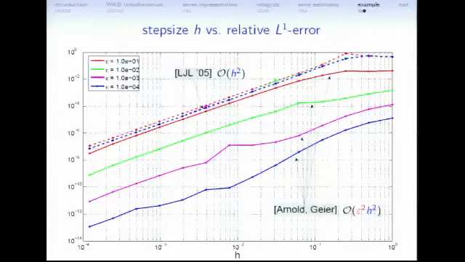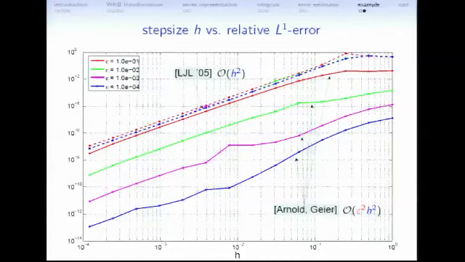The solid lines below are now the error estimates from our explicit scheme, and you see they are parallel to these lines. So here you also observe that they are second order with respect to step size. And if you have a closer look, the distance between these lines is a factor 100.